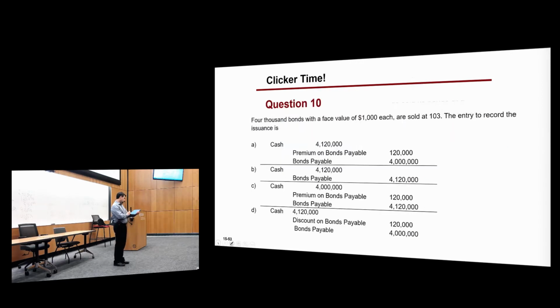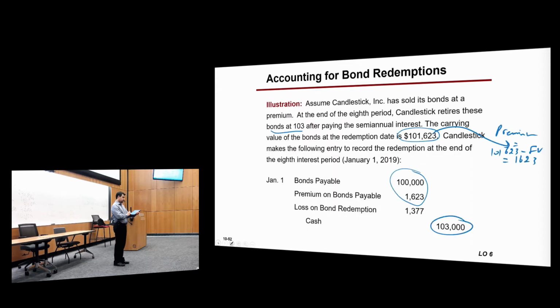But if it was a gain, would you put it on the other side? Yes. Remember, total debits must always equal total credits for every transaction. So for every journal entry, you have debits equal to credits. So let's say here that the company, instead of redeeming them at 103, let's say that instead it was 101,000.